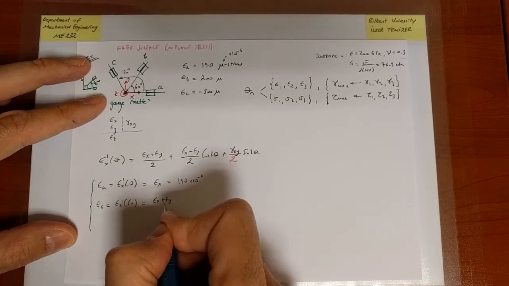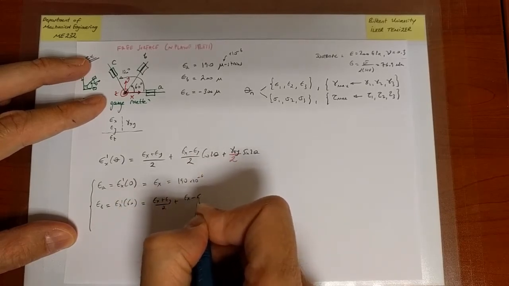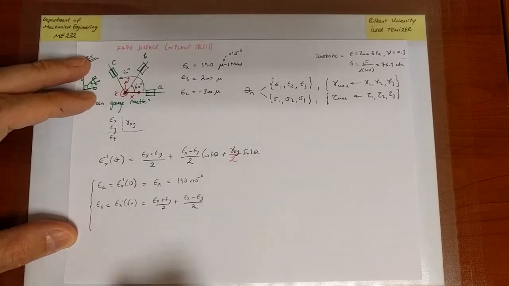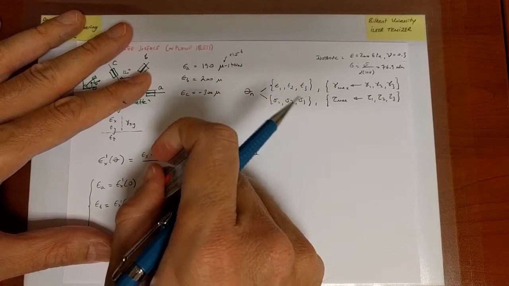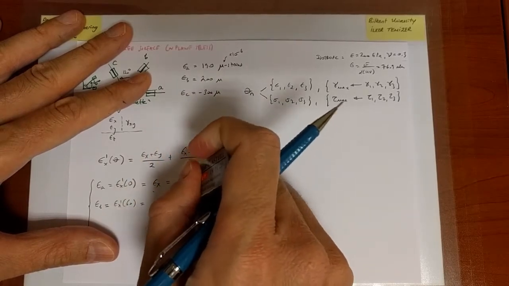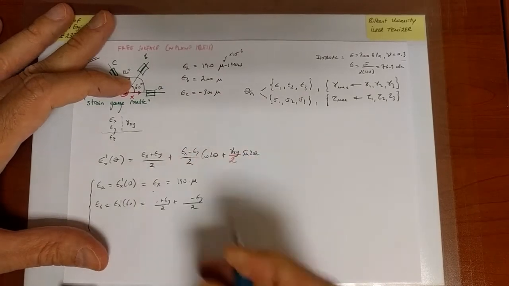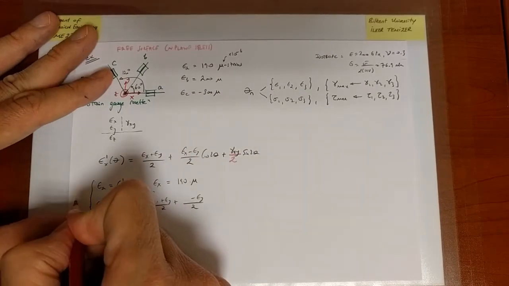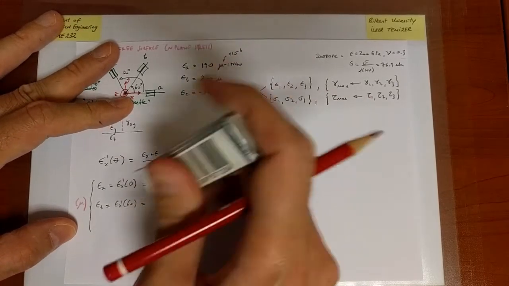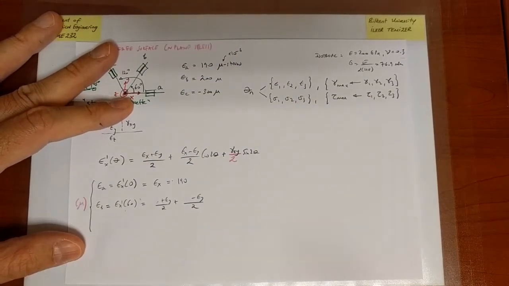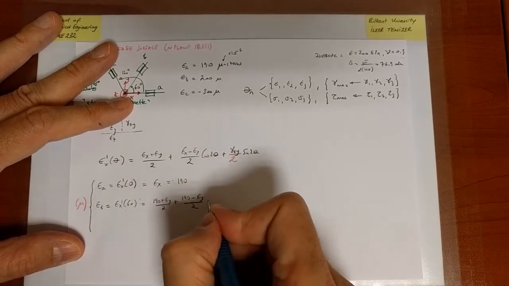Okay, so you can go ahead and plug that in there. Epsilon x plus epsilon y over 2 plus epsilon x minus epsilon y over 2. And now notice, why don't we go ahead and plug in epsilon x in there and pick our units to be microns with the understanding that we do everything consistently. Okay, so 190 microns. So this value here is 190. This is also 190.